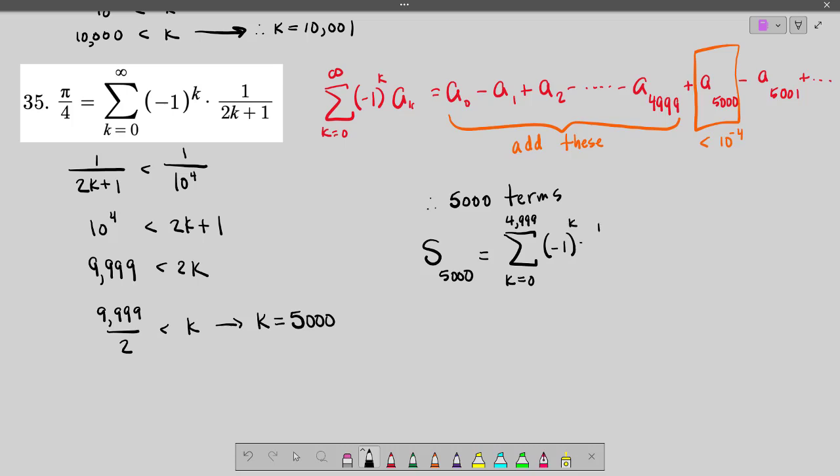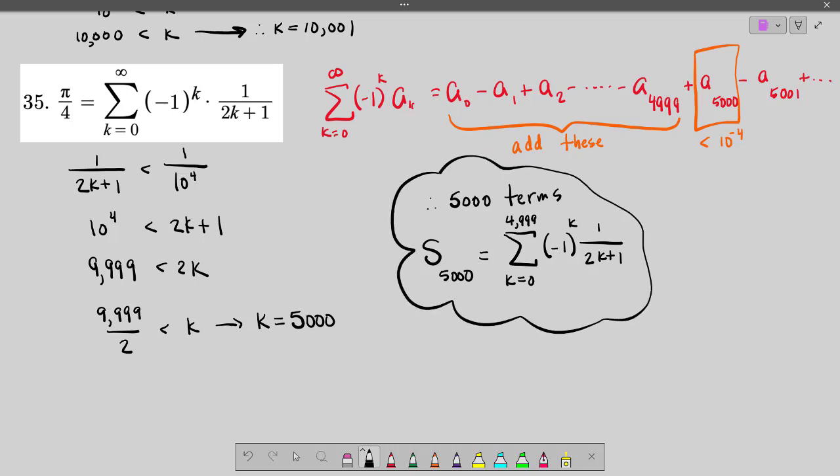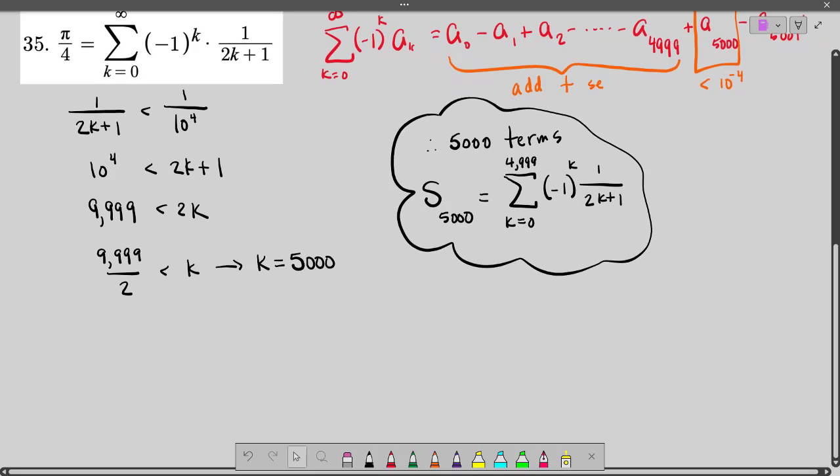And if we write it out completely, we would have that. So there. And we would say this sum is within 10 to the negative 4 of pi over 4. So let me say that also, just to make sure we have some words here.